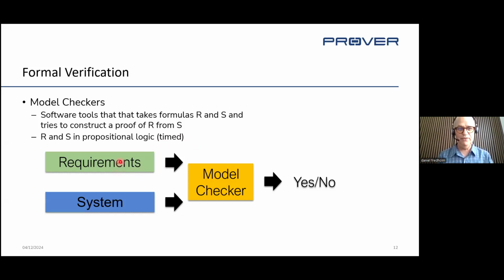So you feed your requirements formula and your system formula into the model checker, and then after a while, which can be quite long, it will provide you with an answer.